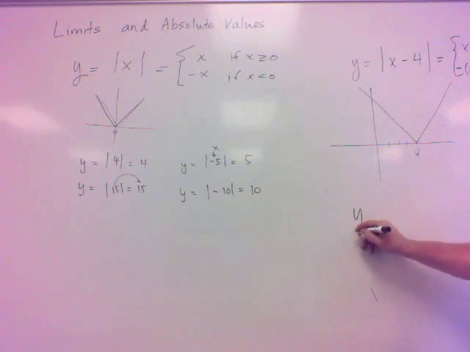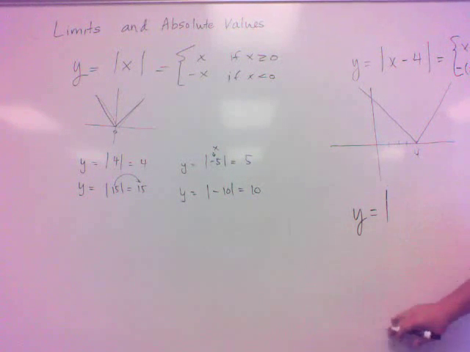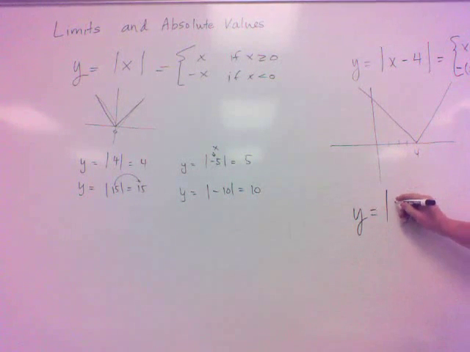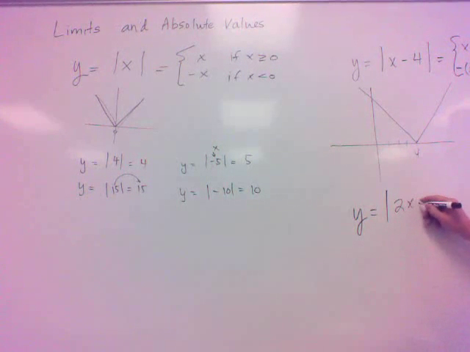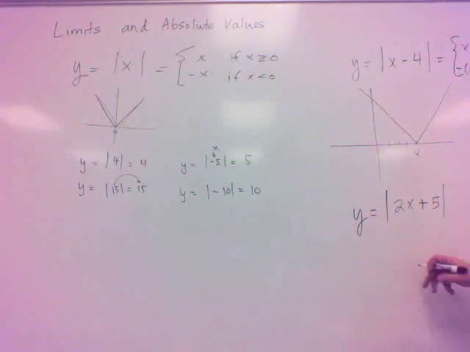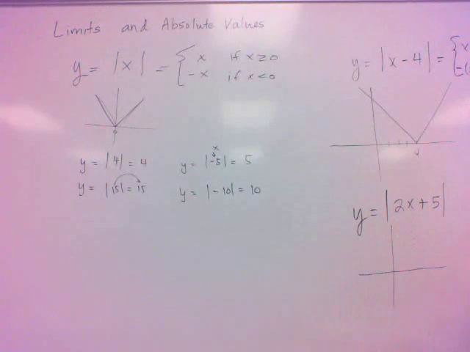Let's do one more. Let's do the absolute value of 2x plus 5. There's a few other things here, but so I'm going to have 2x plus 5. I'm going to have a minus of 2x plus 5.